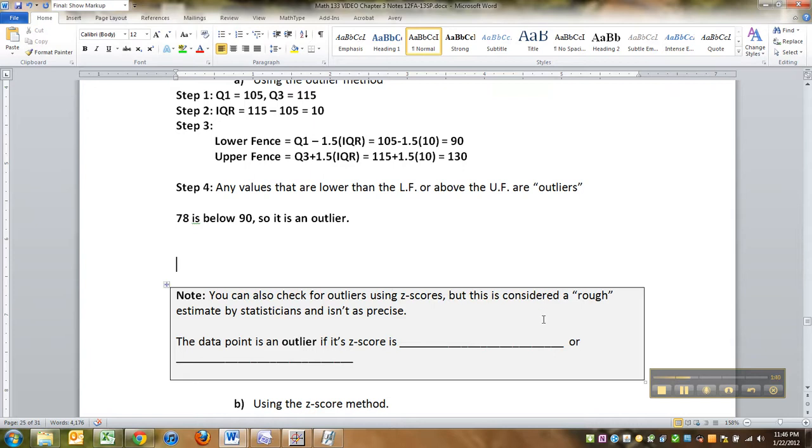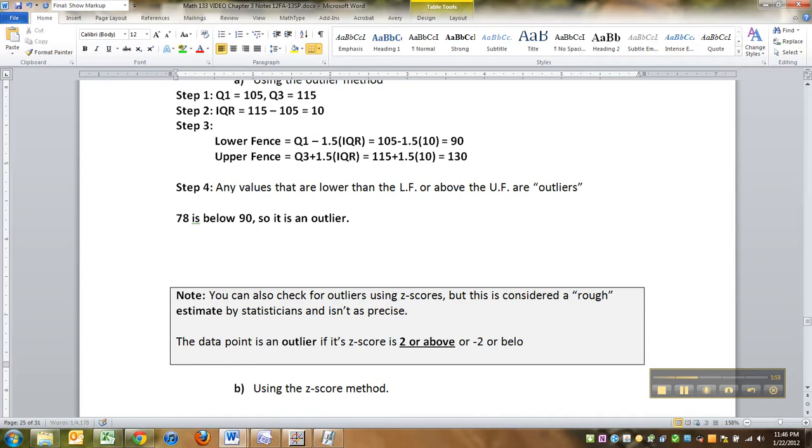You can also kind of do a rough estimate. It's not perfect, but it's an estimate. If the z-score is 2 or above, or -2 or below, right? So if you're past 2 standard deviations, then oopsie.